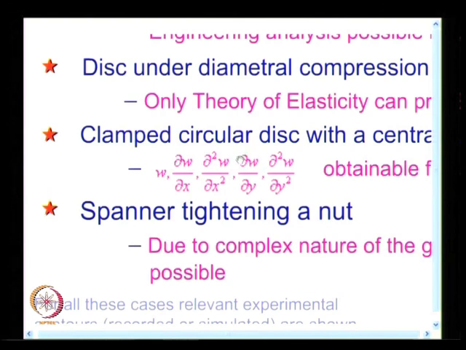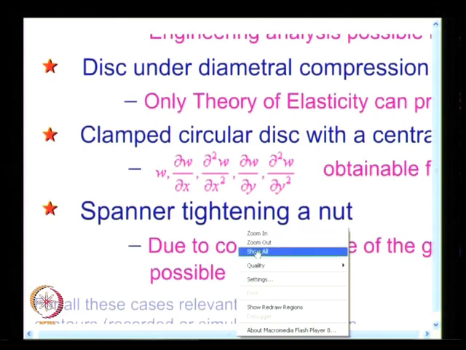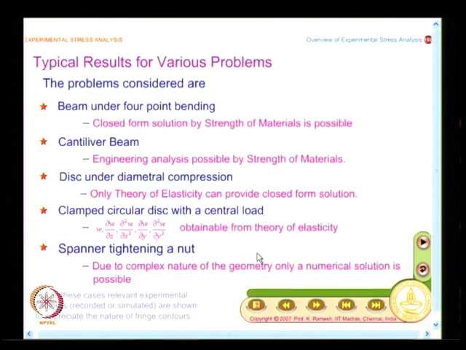Similarly, I have the curvature in the other direction, dou W by dou y and dou square W by dou y squared. This is a standard benchmark problem when you want to establish techniques to measure out-of-plane displacement, and for this also you can get the solution from theory of elasticity.